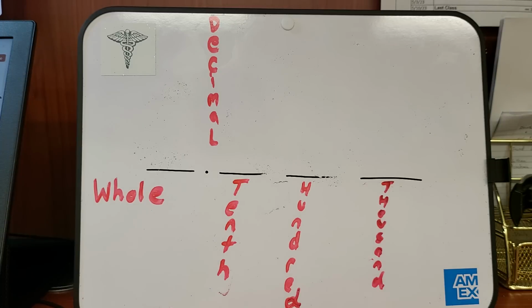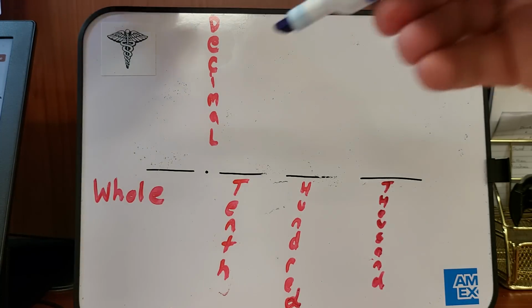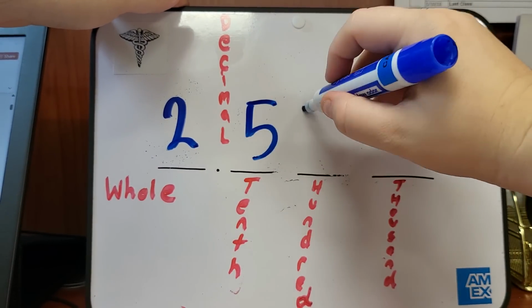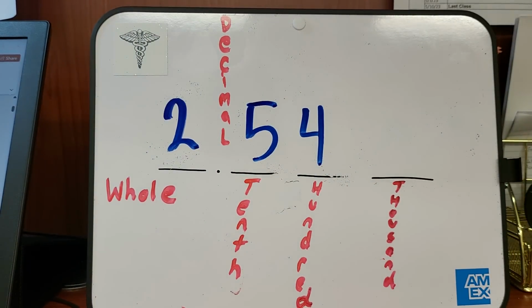Let's round to the nearest whole number. Okay. Now, I'm going to ask you, how can we round to the nearest whole number? That may be your question. Round to the nearest whole number. Well, what do we know?